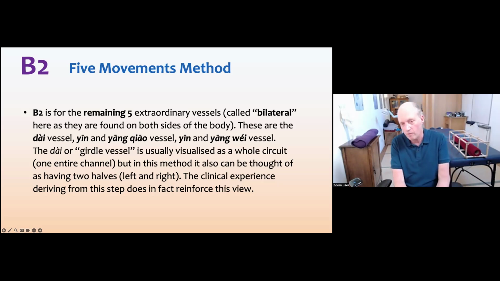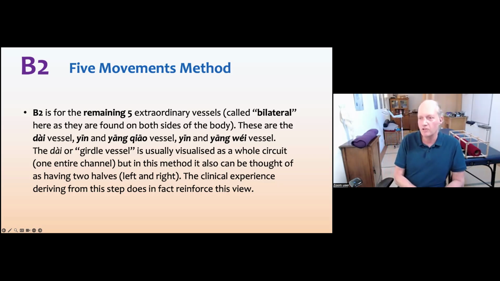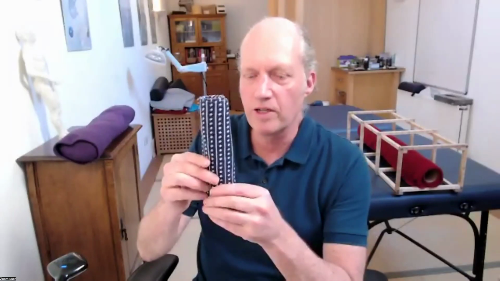Or you can have them found on both sides, in which case you're simply finding the same finding on the left side and the right side. The Dai Mai is interesting. You usually think of the Dai Mai as one thing, but imagine the body is like this.